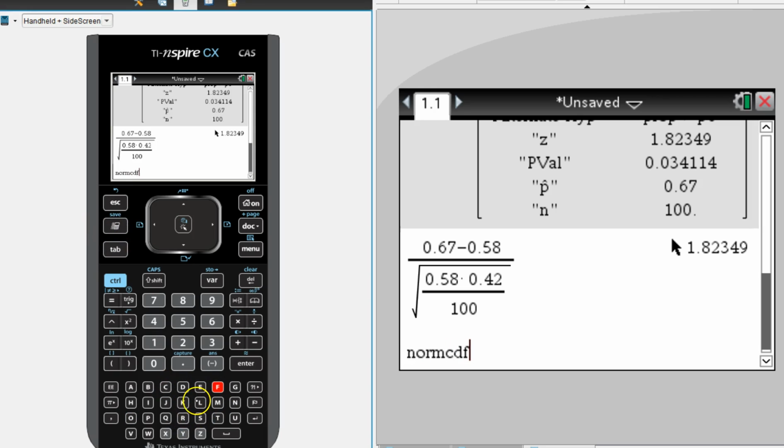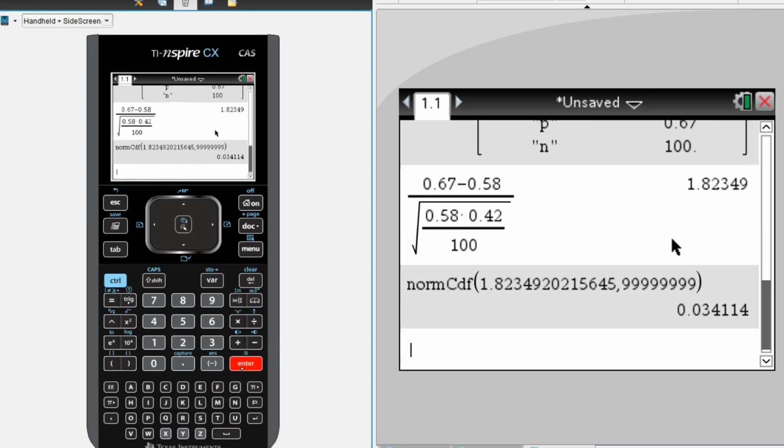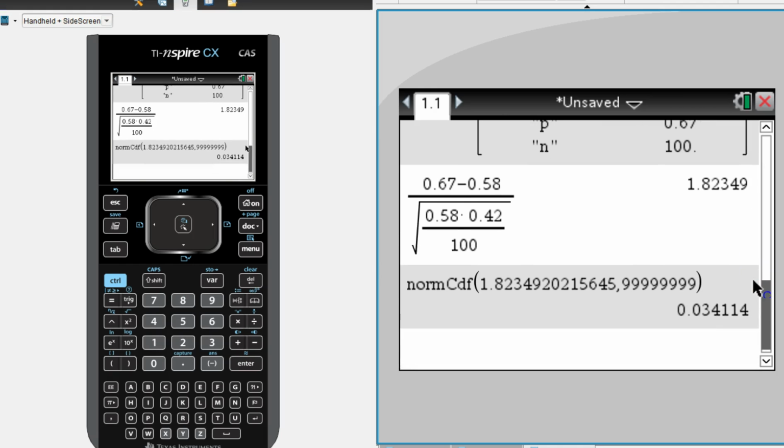Norm CDF. Our answer is 0.034114. That is the same as what they got.